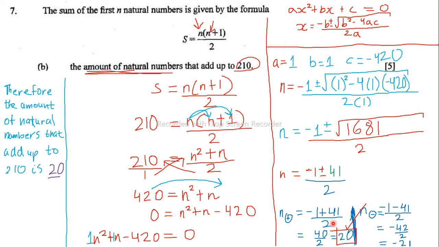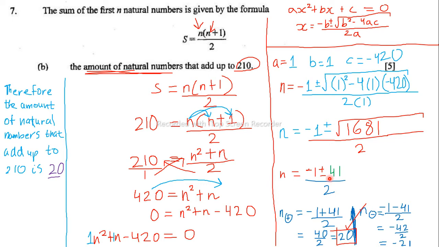That's basically 41 minus 1. So it's 40, and then 40 divided by 2 is 20. So that's how we got 20 there. No, I mean above. Oh, I see it. When you did negative 1 plus and negative 1 minus. Okay, I see it.